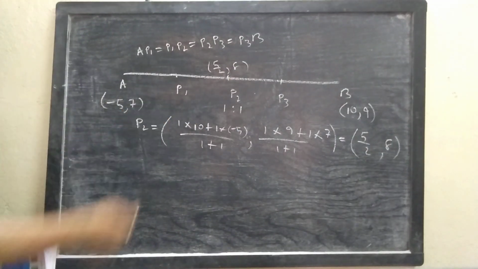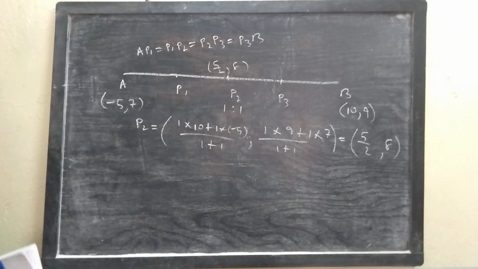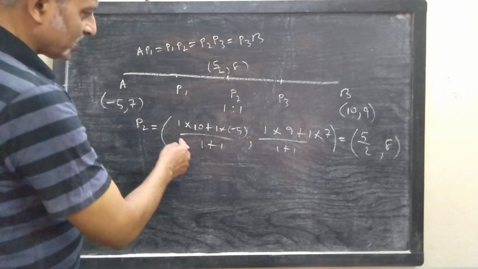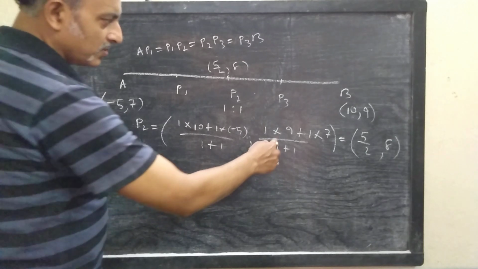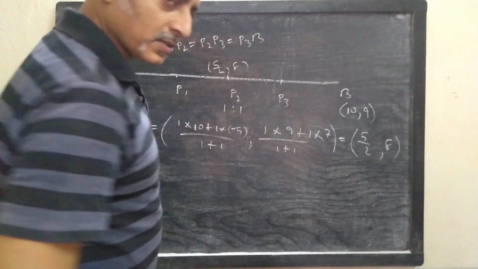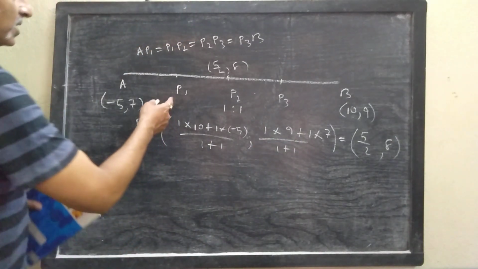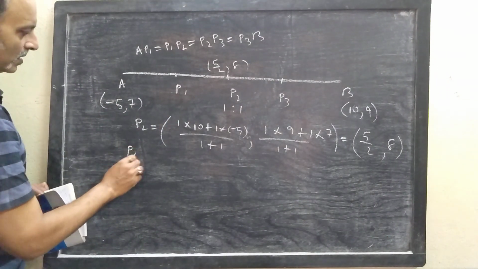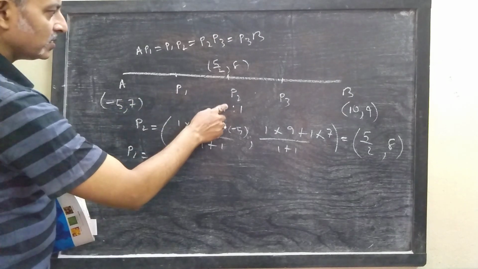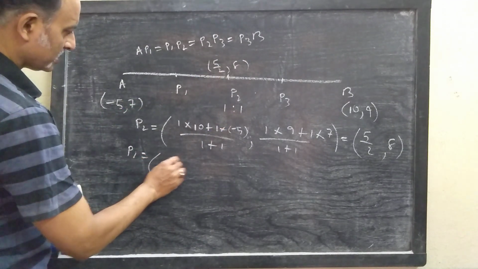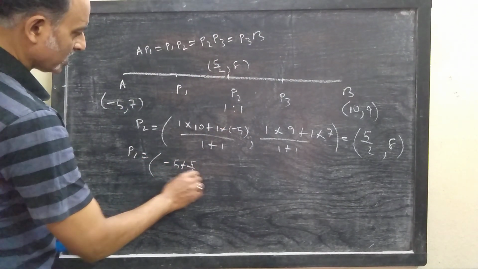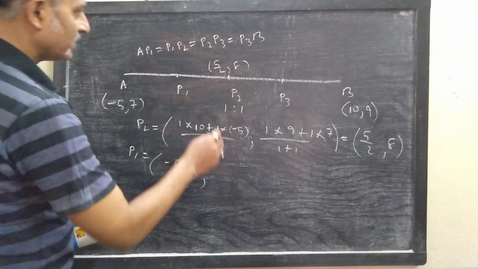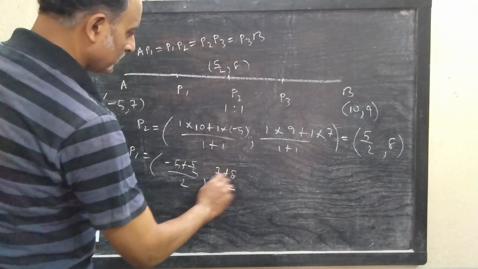Now P1 becomes the midpoint of AP2. So look here, the midpoint is actually the sum of the abscissa by 2, sum of the ordinates by 2, because both ratios are 1:1. So simply I can find the coordinates of P1 as x1 plus x2 whole by 2, that is -5 plus 5 by 2 whole by 2, 7 plus 8 whole by 2.